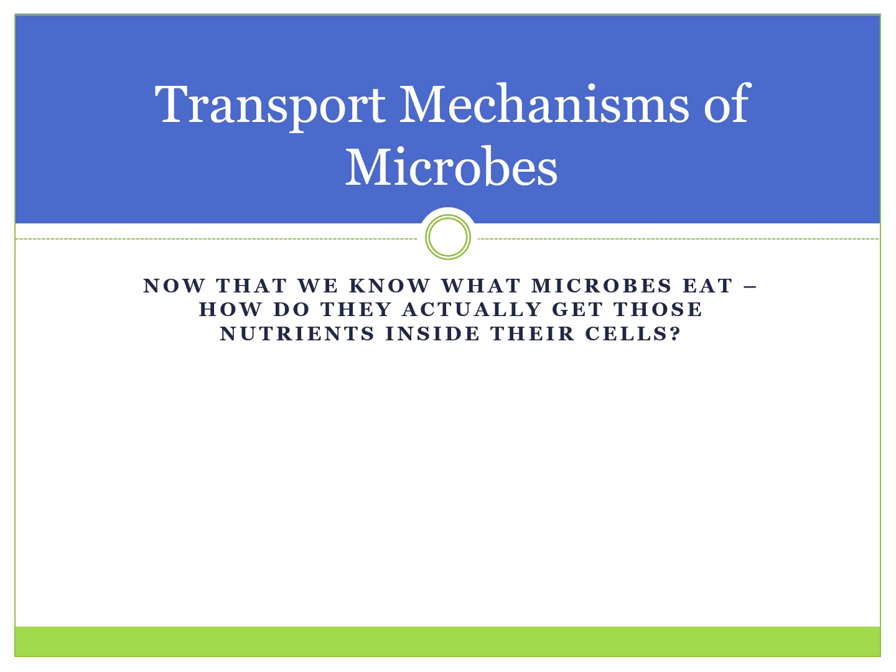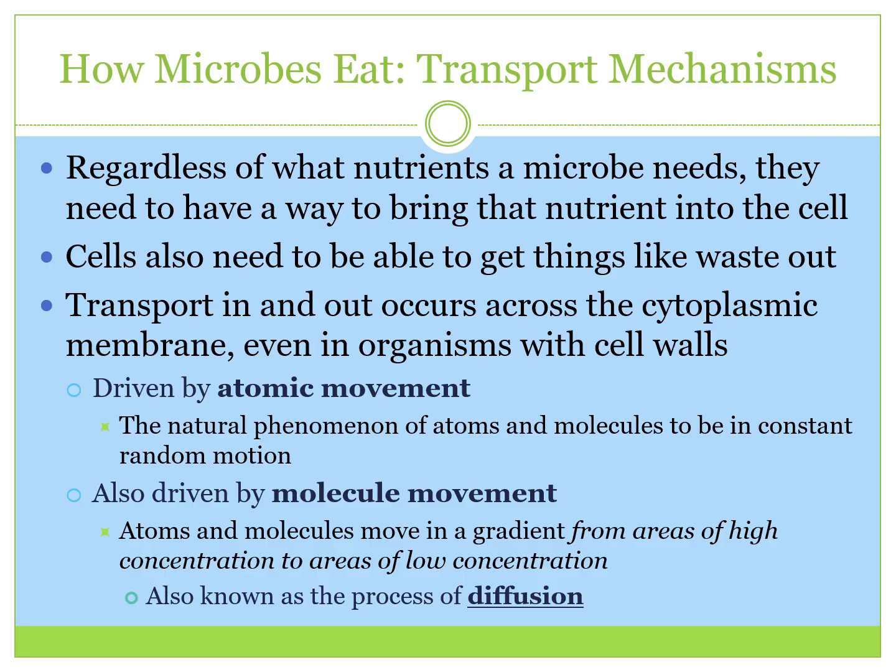So let's talk about how cells are able to move items across the plasma membrane. So there are some mechanisms for how microbes are able to bring nutrients into the cell. So kind of answering the question of how microbes eat.